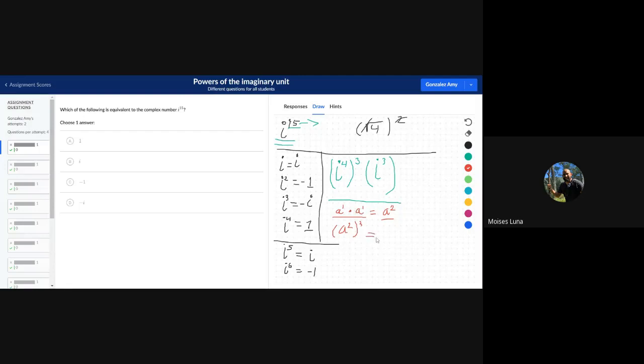You need to remember these concepts because they're really important for this part. What I did here is completely valid in algebra, because I broke it down so that I could manipulate this number.